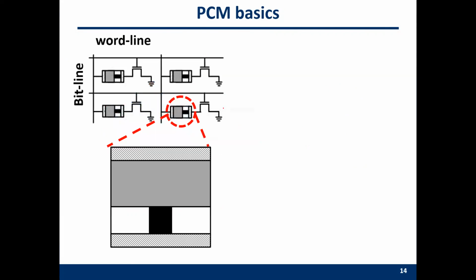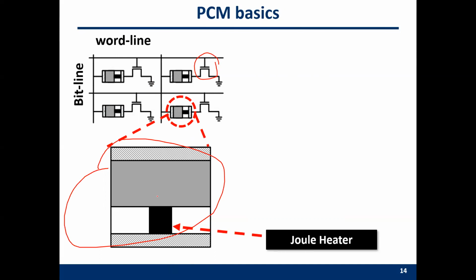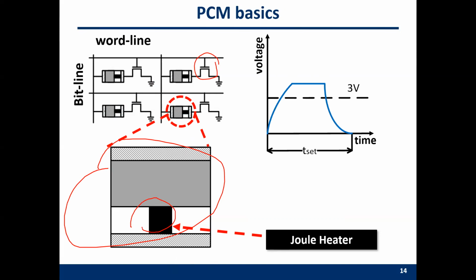Then the array structure is similar to DRAM and SRAM, but you just need to replace the capacitor by the phase memory cell like this. And you also need an access transistor here to select that row. In the middle of the cell, there is a layer of so-called phase-change material. And this is a heater, a very small heater.